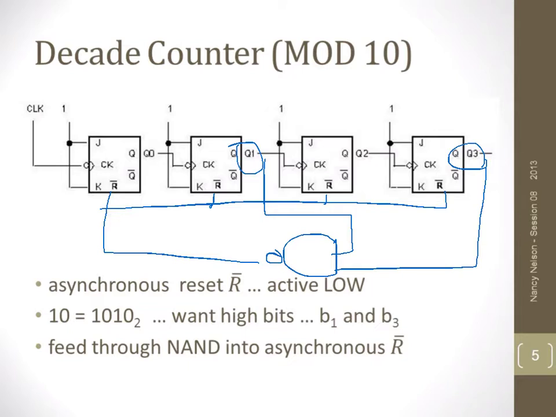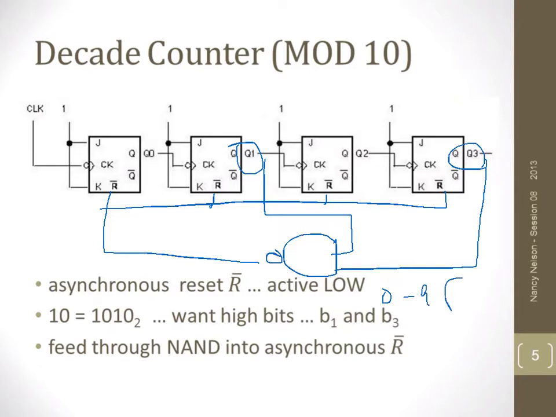So what that means is when these two inputs go high, in other words, we get to a count of 10, this output will become low, which will reset each of the flip-flops, and a reset takes it back to 0. So our count will go, for a very, very brief period of time, 0 through 9.